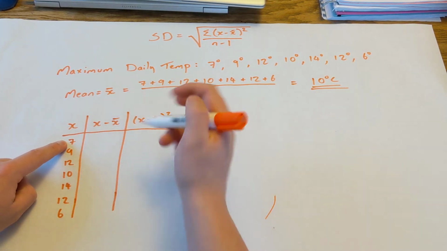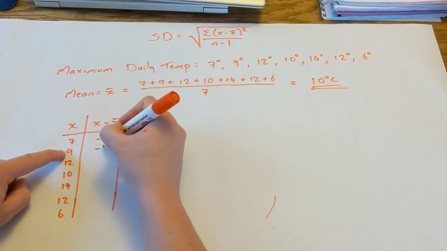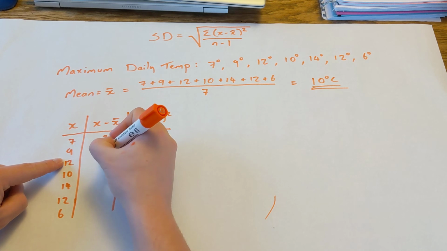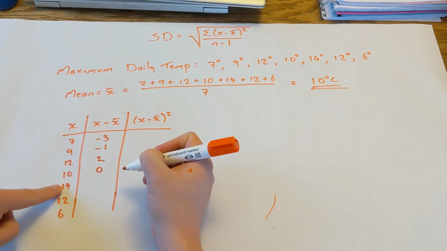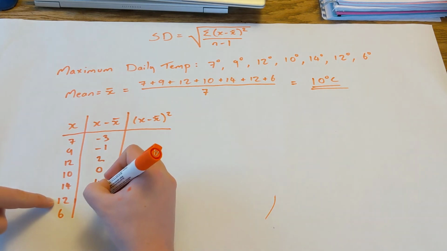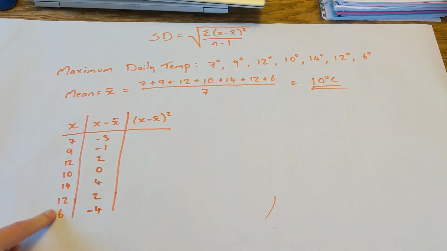So, 7 take away 10 is negative 3, 9 take away 10 is negative 1, 12 take away 10 is 2, 10 take away 10 is 0, 14 take away 10 is 4, 12 take away 10 is 2, and 6 take away 10 is negative 4.